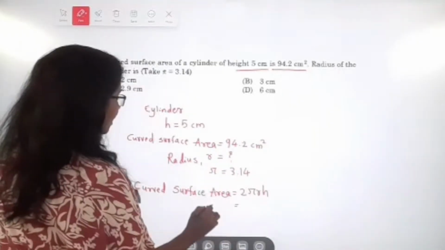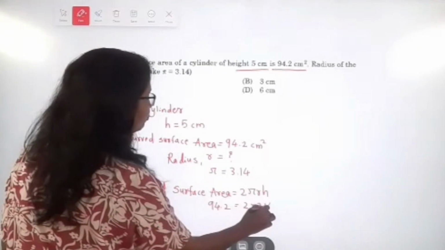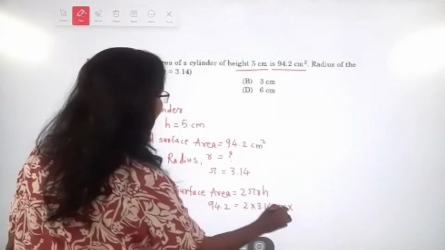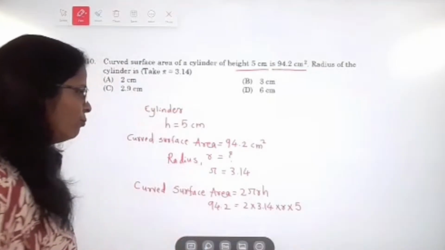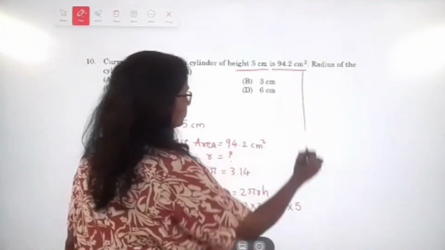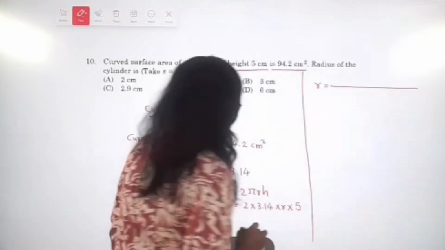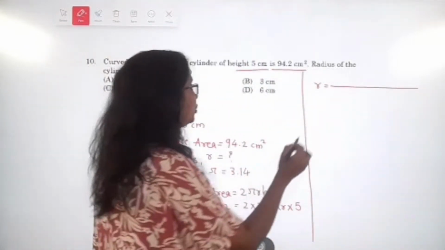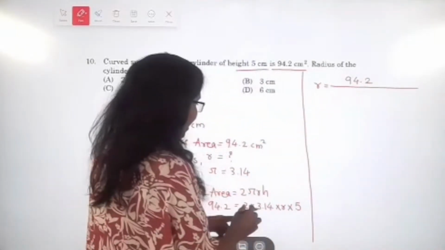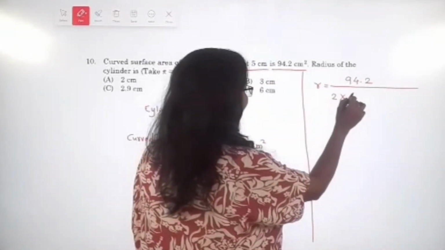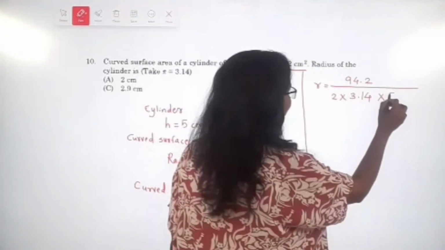Curved surface area is given, so 94.2 = 2 × 3.14 × r × 5. Now we simplify this: r is equal to 94.2 divided by 2 × 3.14 × 5.